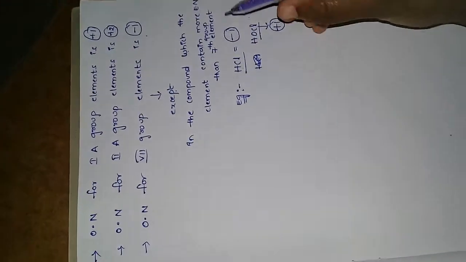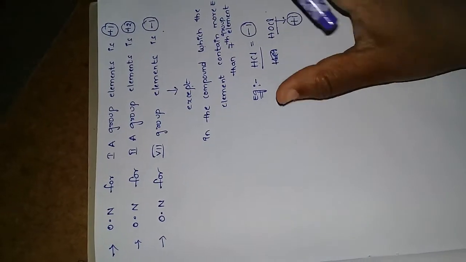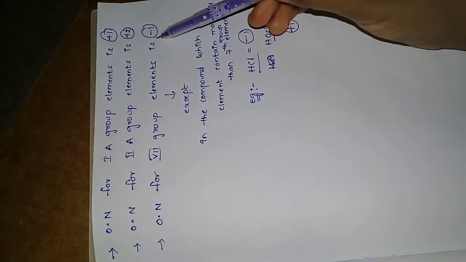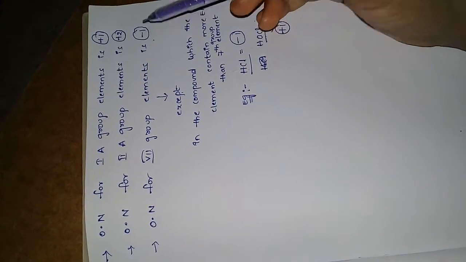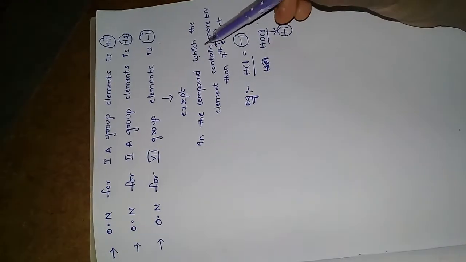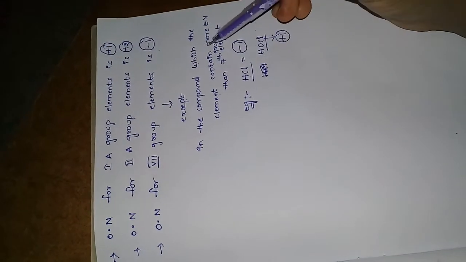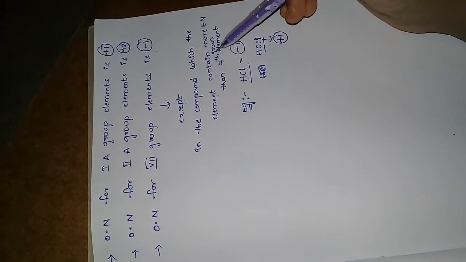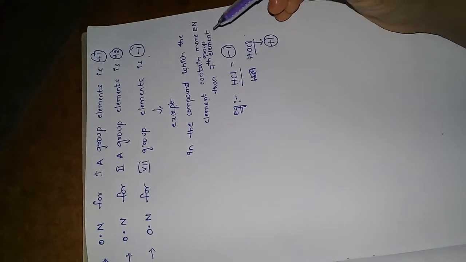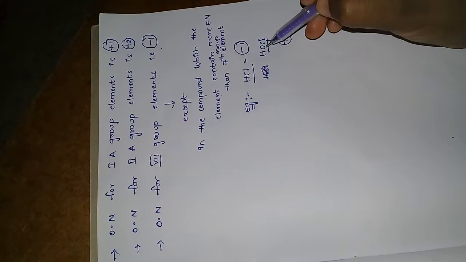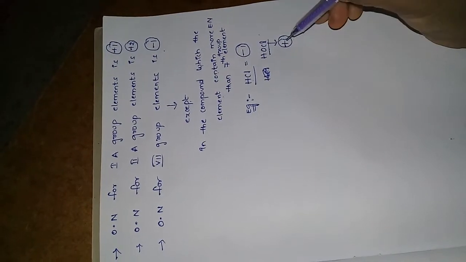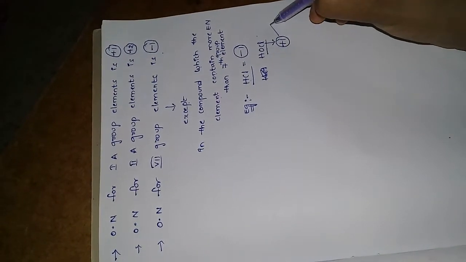See, for all seventh group elements oxidation number is -1. In HCl, hydrogen is less electronegative than chlorine, so chlorine gets -1 charge. In the HOCl compound, oxygen is more electronegative than chlorine, so chlorine gets positive charge.